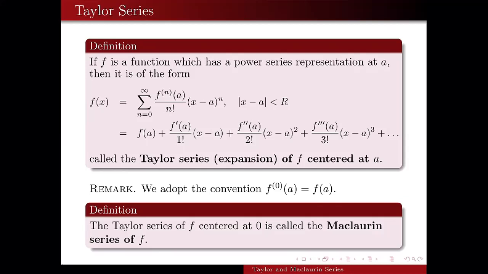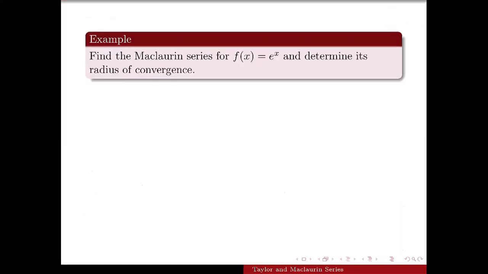So, let us get some Taylor series representations of functions. For example, let's have this. Find the Maclaurin series for the function f of x equals e to the x and determine its radius of convergence. Okay?